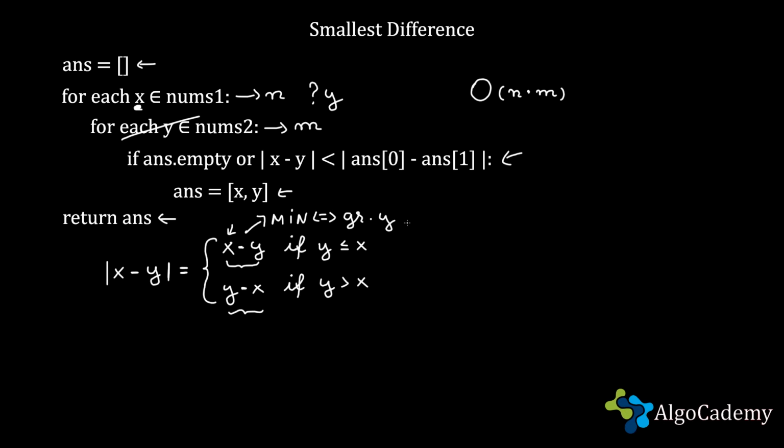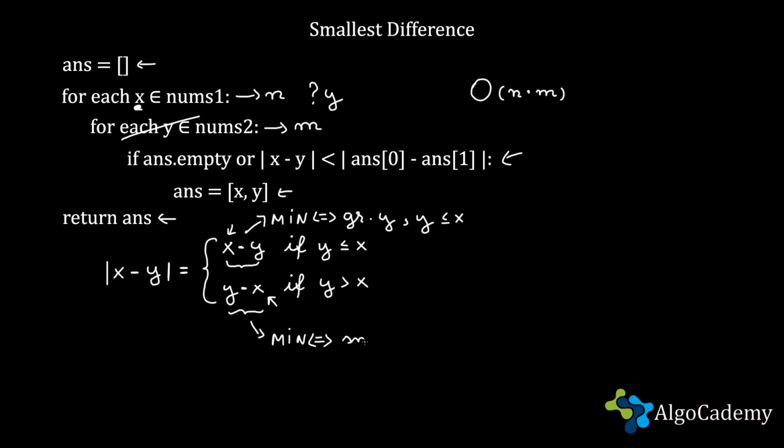So what needs to happen is that we have to find the greatest y such that y is less than or equal to x. In the second scenario, because x is quote-unquote a constant, in order to minimize y minus x, what needs to happen is that now we have to minimize the value of y.